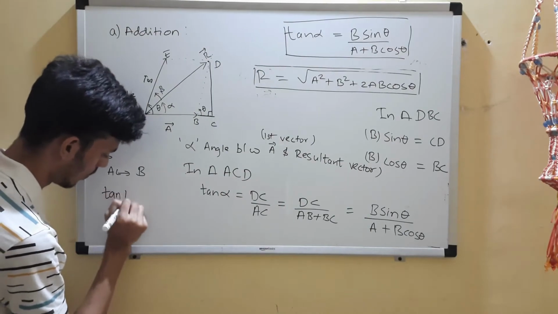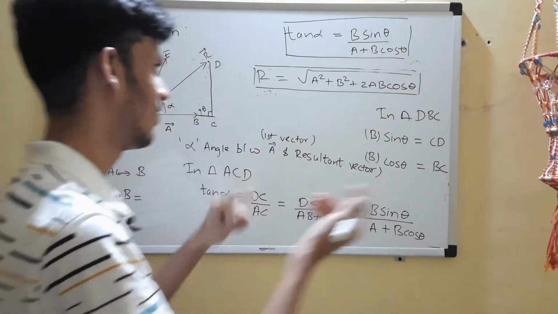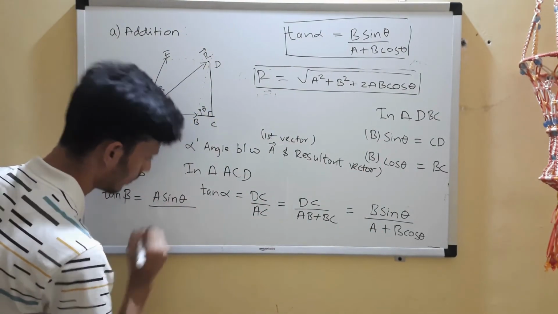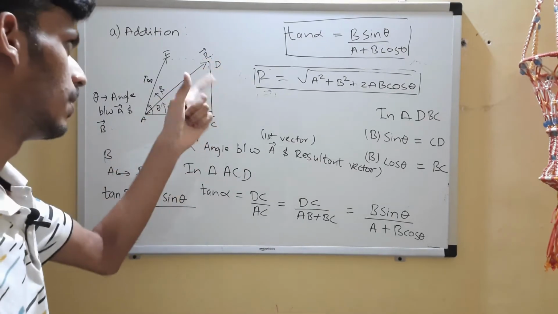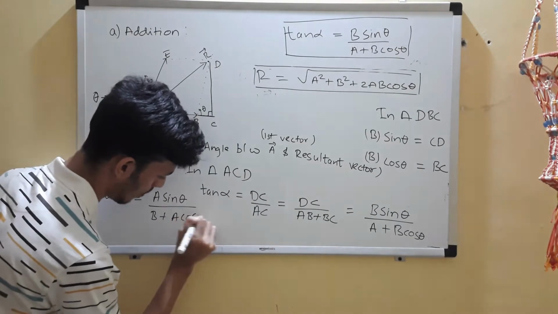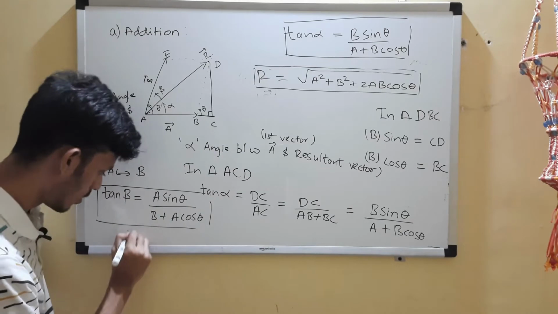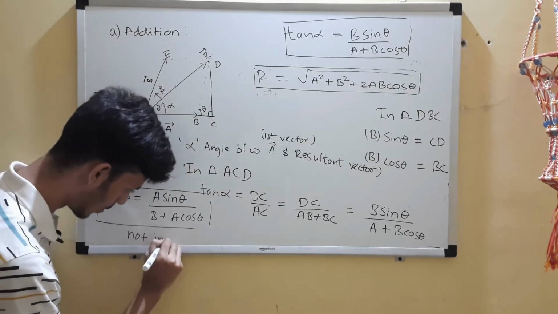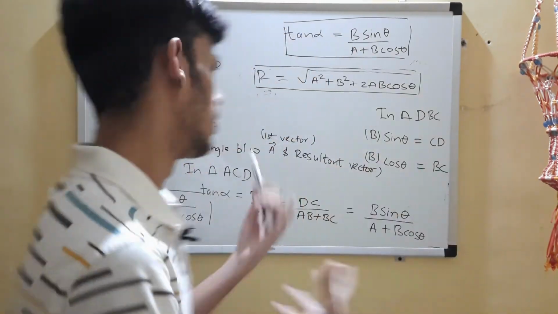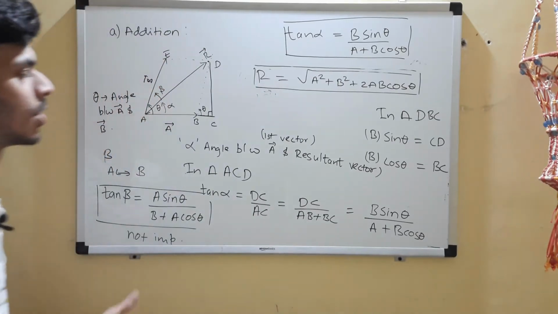So tan beta will be A sin theta upon B plus A cos theta. You can derive that for yourself, and this is not important, so don't learn it. If you want to remember at the back of your head, to get beta, just replace A and B in that formula. You can note this down as well.